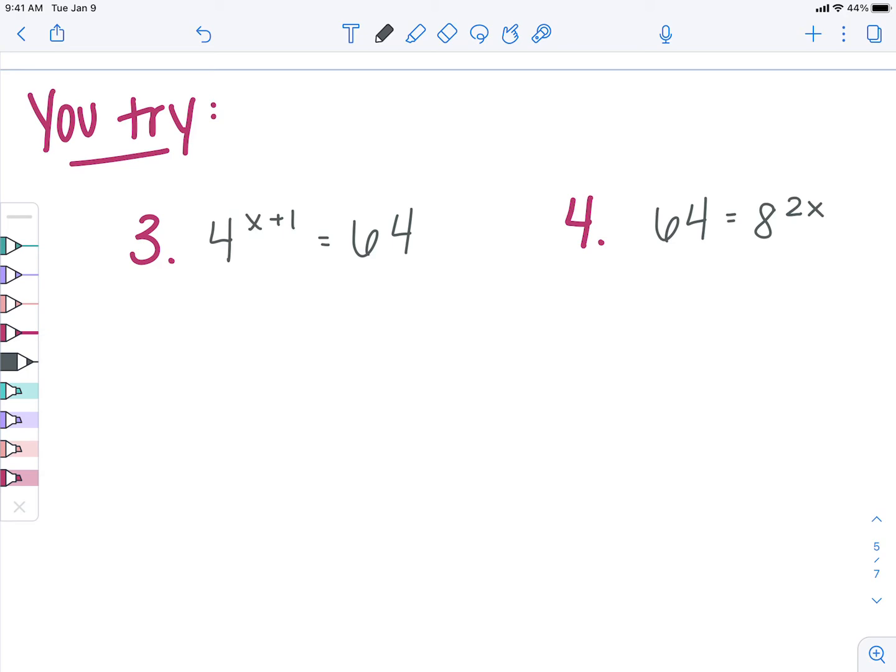You want to do like half that? You gotta change the 64. Oh, yeah. We need to change this.